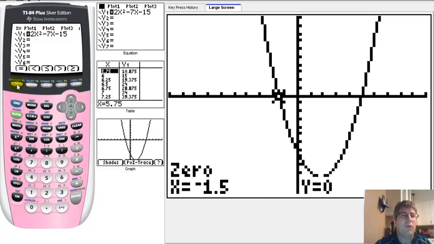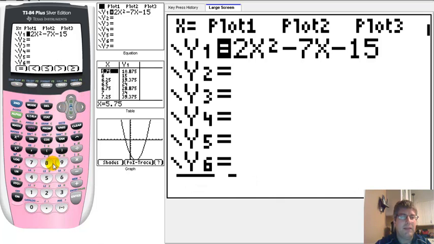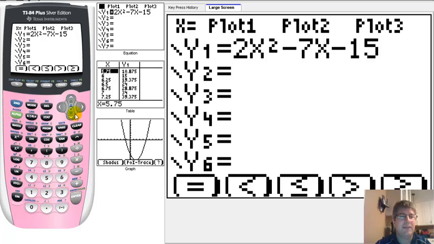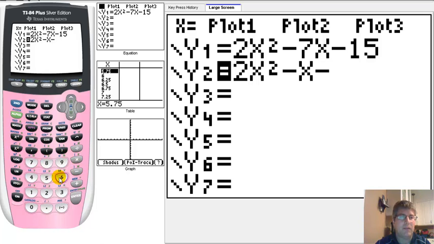Let's try another one. We'll go back to Y=. I won't delete that. I'm just going to hit enter and deselect that so the equal sign's not highlighted. And let's go ahead and try a new one. Let's try 2x squared minus x minus 6.